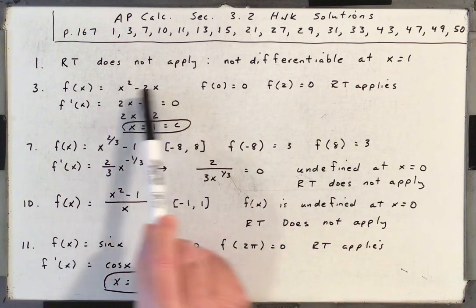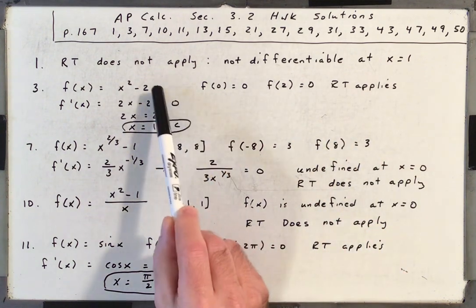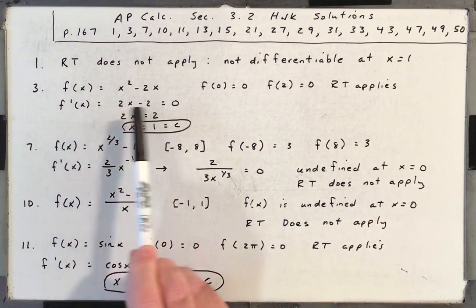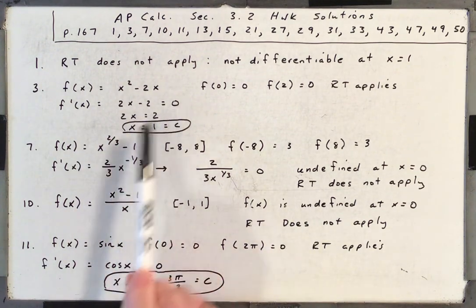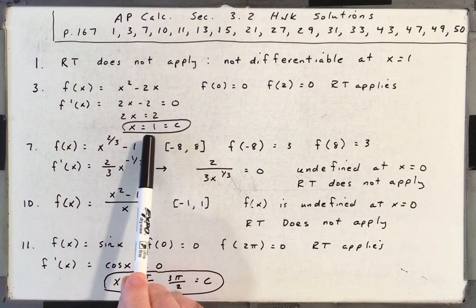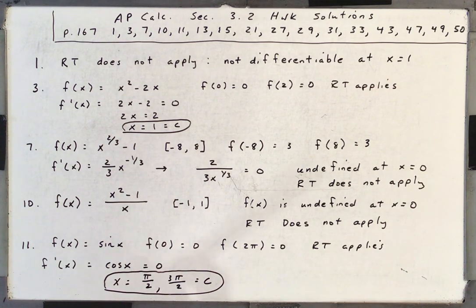If we plug in 2, we get 0. So Rolle's theorem does apply because that's a continuous function, it's just a parabola. We'll take the derivative. That'd be 2x minus 2, set it equal to 0, solve for x, and the point where you have a horizontal tangent line is at x equals 1.